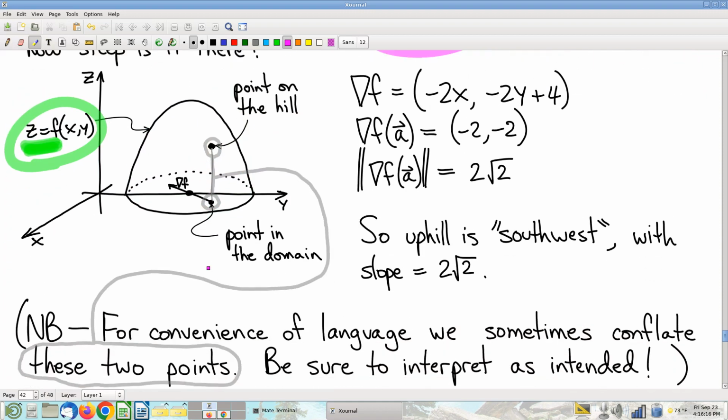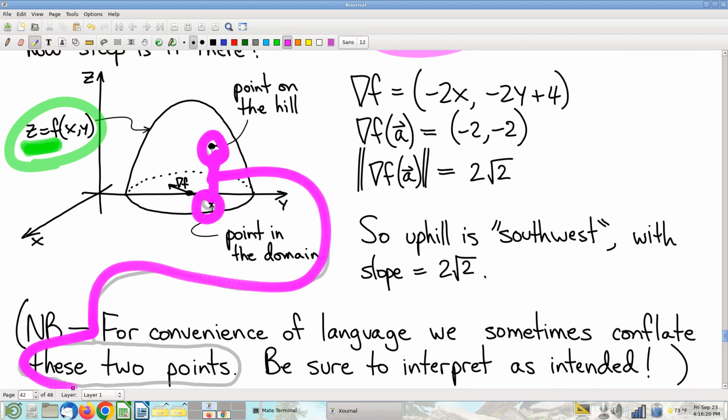So it's a little bit of a sloppiness, a slight abuse, but we very commonly conflate the point under the graph with the point on the graph. So heads up, just to be aware. By the way, there's nothing unusual about this.